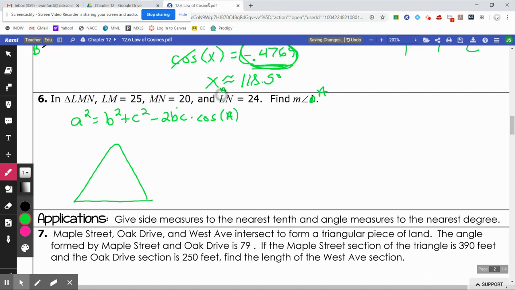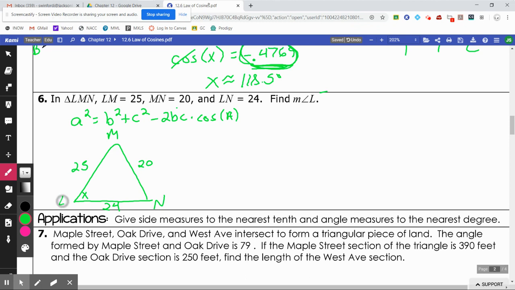You can take and draw it as triangle LMN. LM is 25. MN is 20. LN is 24. And you're looking for angle L, which is this angle.